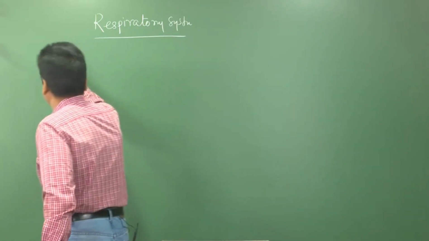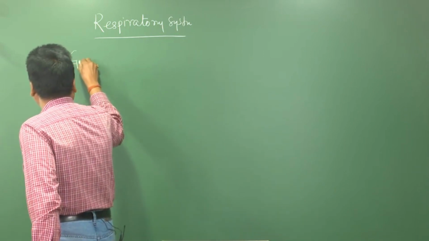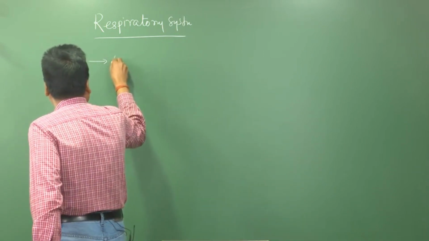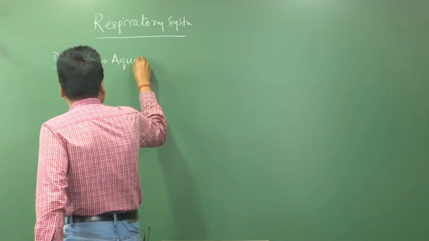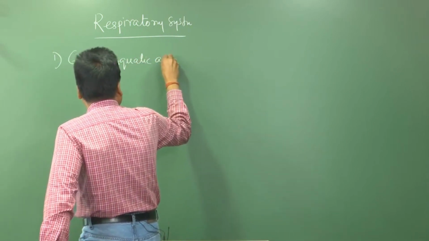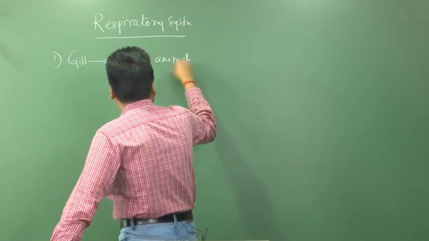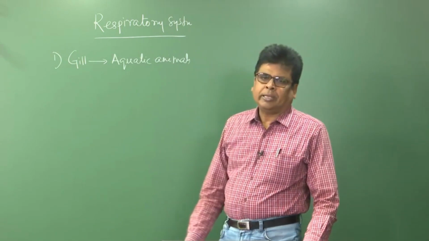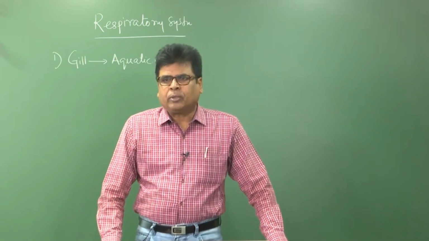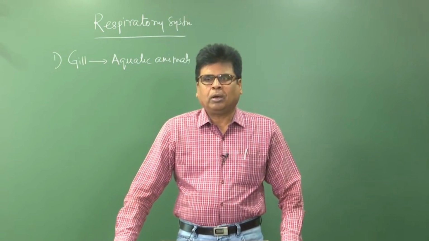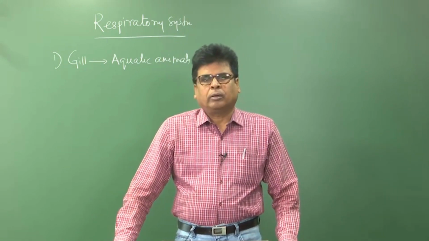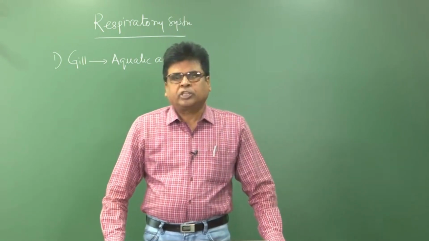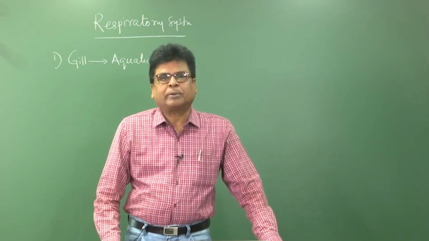So, gill is the organ which is used by aquatic animals, that means the animals inhabiting aquatic media, ponds, ditches, pools, or streams like that. So, aquatic, that is marine also.